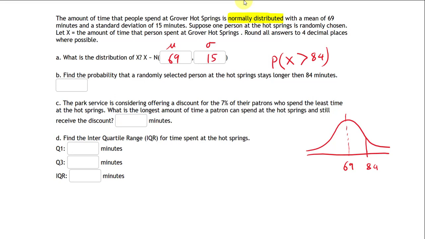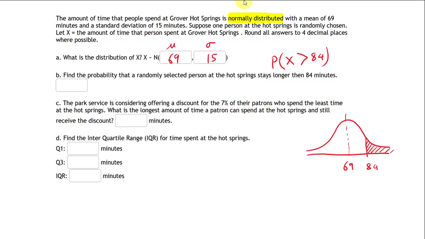So finding the probability of the normal distribution is the same thing as looking for the area under the curve bigger than 84. So I'm looking for all the area to the right side of 84. And finding the area of all the values bigger than 84, we can use any graphing calculator.